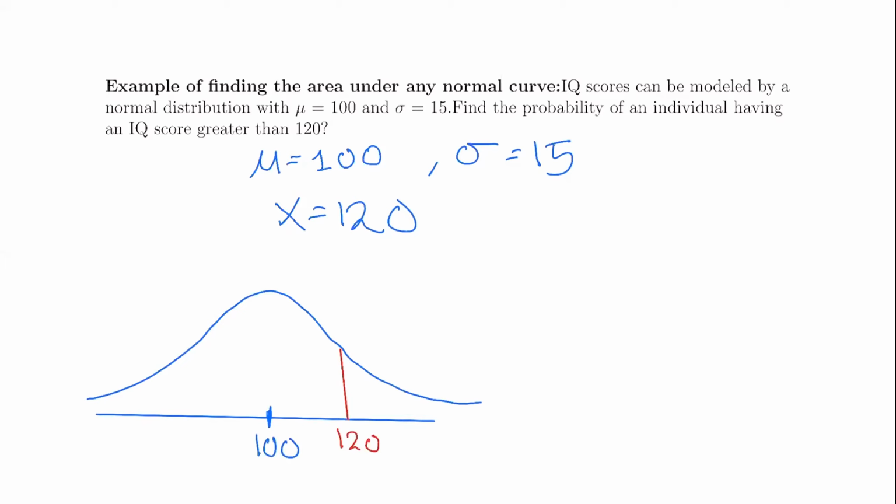And the keyword that tells me which part to shade is greater than. We want an IQ score that is greater than 120, like 130 or 140. So that means all of the probability to the right-hand side.